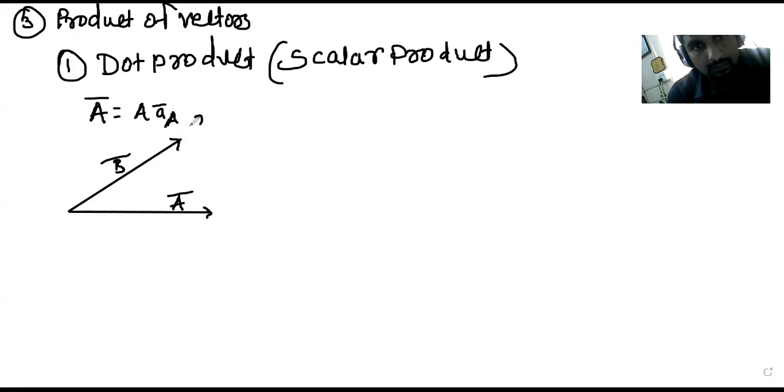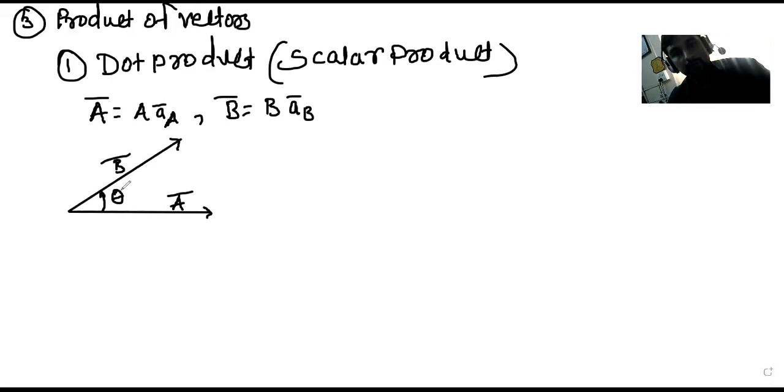In the same fashion, you can write B bar, where the magnitude would be B and the direction would be unit vector B bar. So we have assumed two vectors, A bar and B bar, and they are making an angle, let's say theta, between them. In that case, I can define the dot product between those two vector quantities.